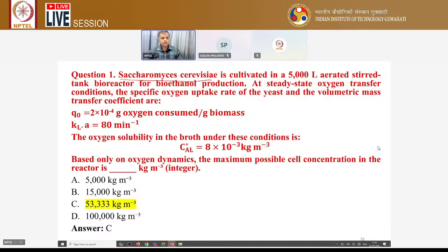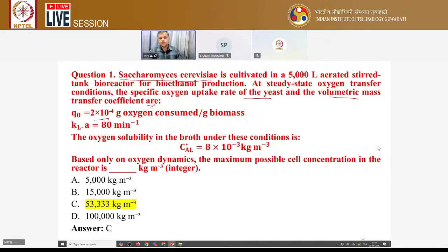At steady state oxygen transfer condition, the specific oxygen uptake rate Q naught is given and volumetric mass transfer rates are as the Q naught is 2 into 10 to the power minus 4 gram oxygen consumed per gram biomass, and KLa is 18 minute inverse.